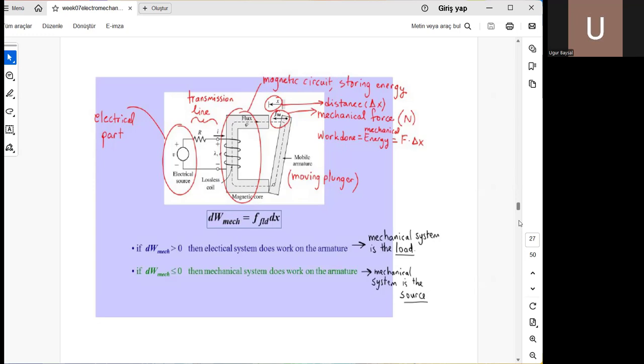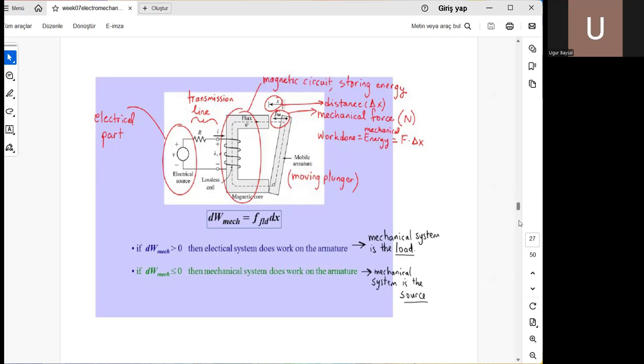The moving part of the plunger is attracted towards the left side to close the magnetic circuit. So closing the magnetic circuit means closing the plunger, which means its mechanical energy changes because there's a force and a linear displacement.